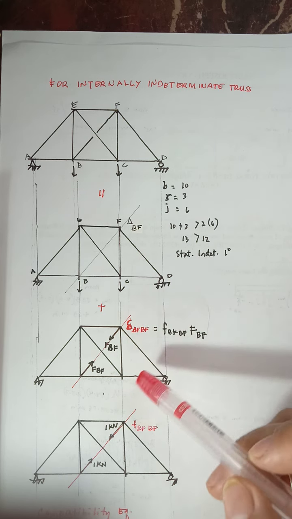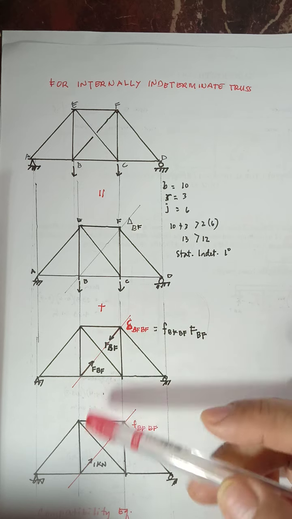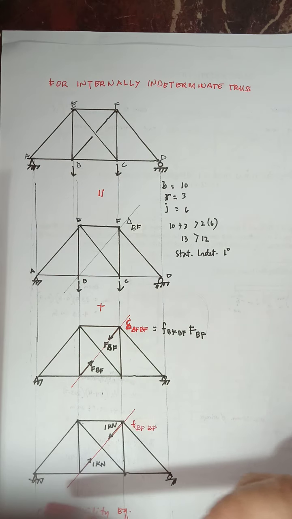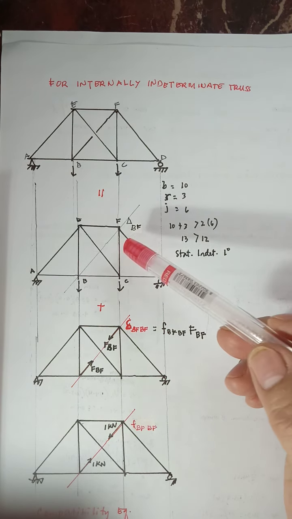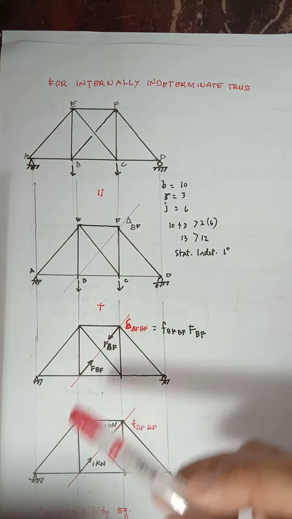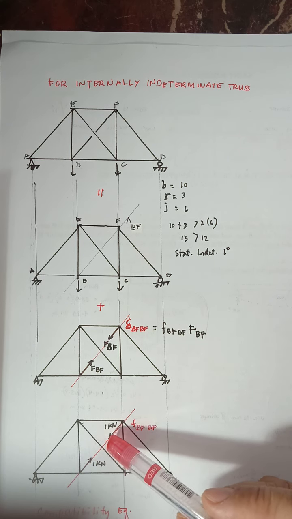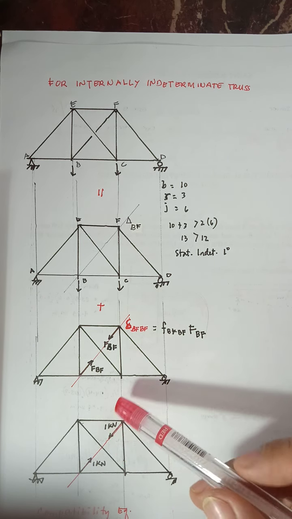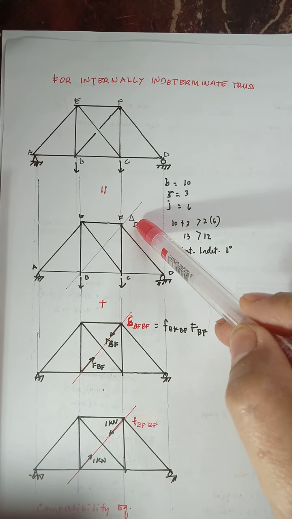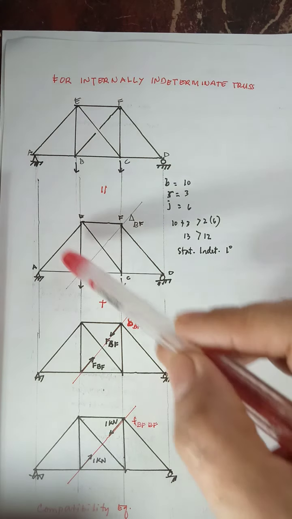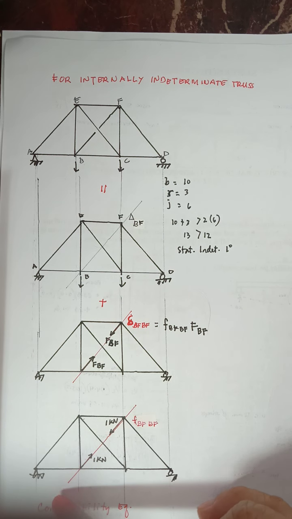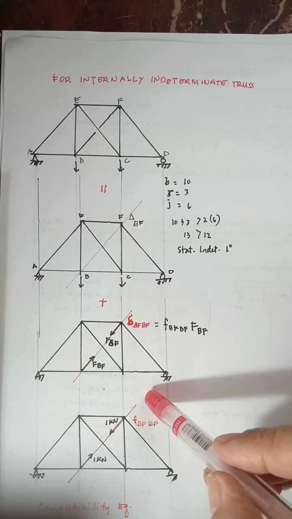Now, in our virtual load method, what you use in determining the displacement is only the virtual load. We apply a pair of unit load in the cut member BF. To get delta BF, you solve for the forces of the truss due to the given loadings, and then you apply a pair of unit load in the direction of member BF.